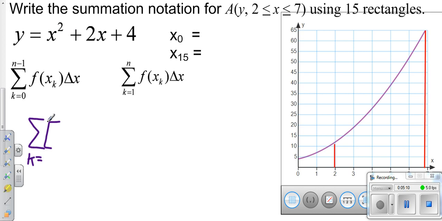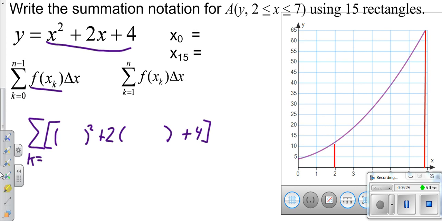Our function here is input squared plus 2 times your input plus 4. So that's this part right here. Then we have to multiply it by our width. To get our width, we have a total width of 5, dividing it into 15 pieces. 5 over 15 is 1/3.